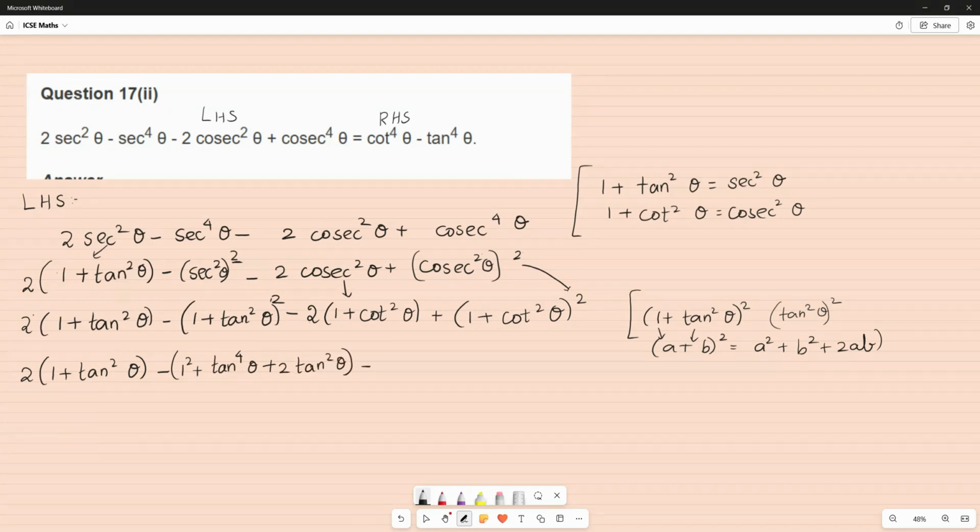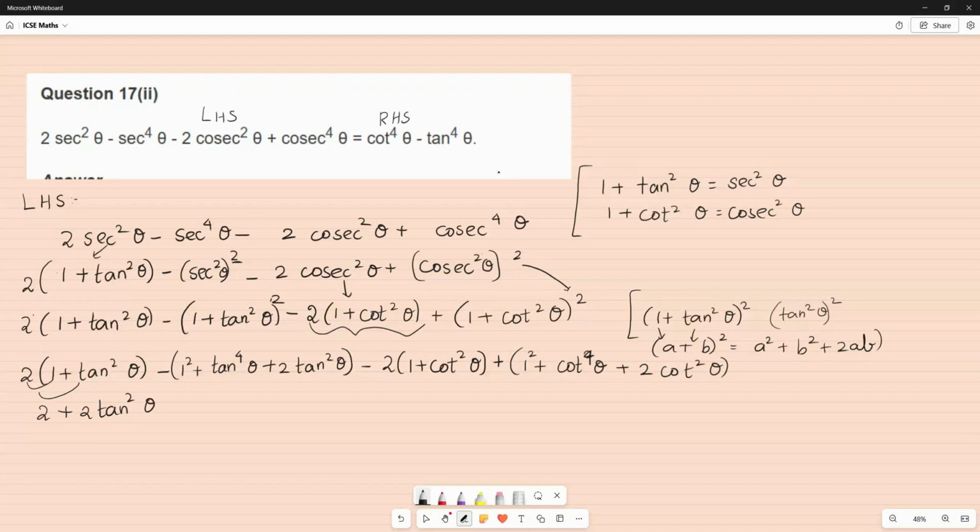Minus this one we have to do. We have to write it patiently: 1 plus cot square theta whole square. Same identity for a plus b the whole square. So 1 square plus b square, b is cot square theta, so b square is cot power 4 theta, plus 2 cot square theta. Now we have to multiply everything. 1 into 2 is 2, plus 2 tan square theta, minus 1.